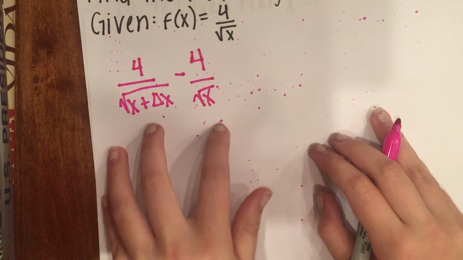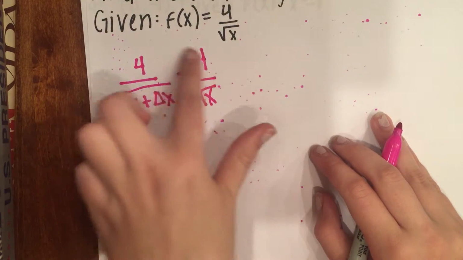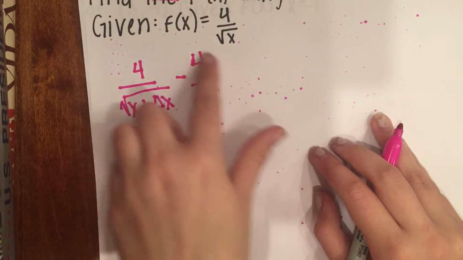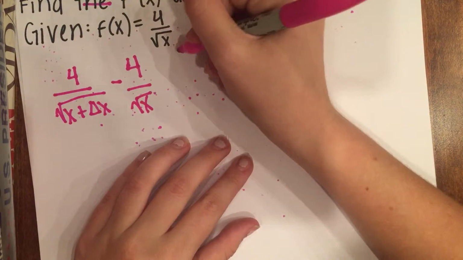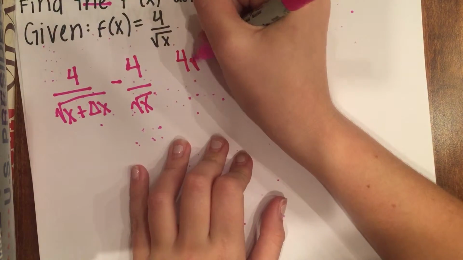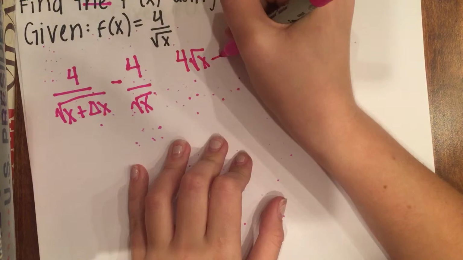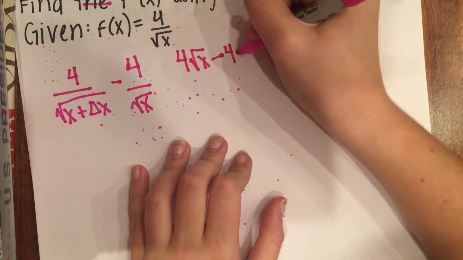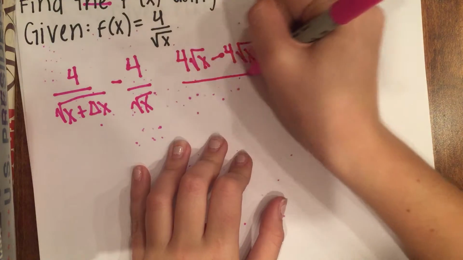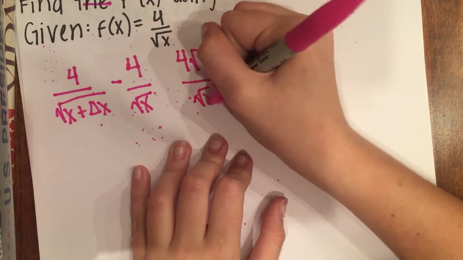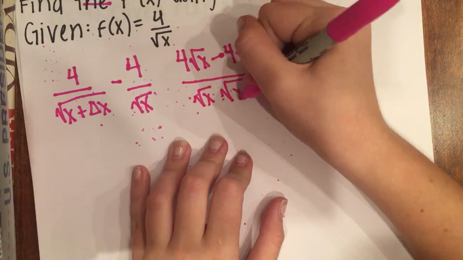I'm just going to stop here because I have to do a lot more simplification, because this just looks really ugly right now. So to simplify, I'm going to get a common denominator, and then I'll end up with 4 root x minus 4 root x plus delta x all over root x times root x plus delta x.